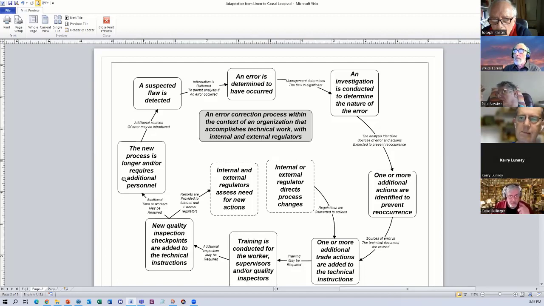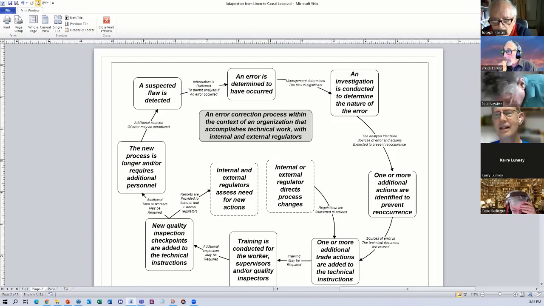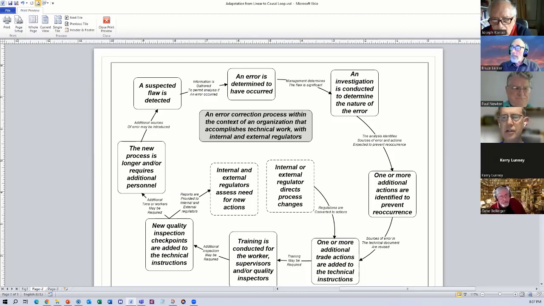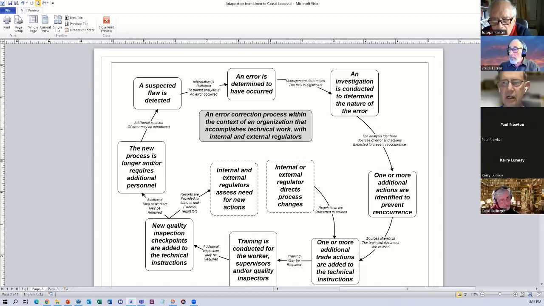Well, this is really interesting, but I see something that might be missing. Once the error has been identified, the information should be sent back so that it's prevented from occurring in the future. Is that in there somewhere? That's actually in the one or more additional actions there to prevent a recurrence.